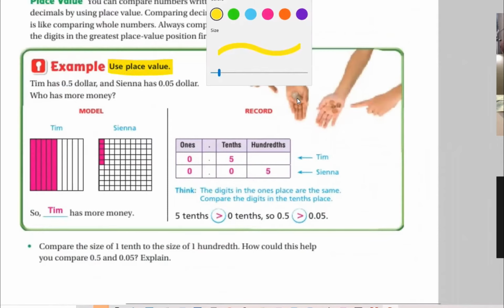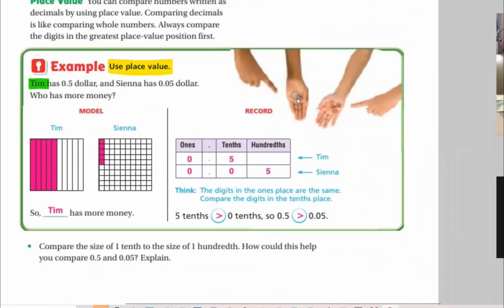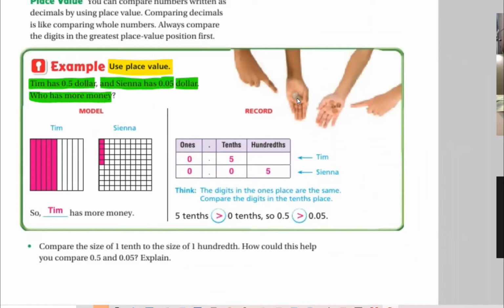Let's see our example here. Kim has $0.5 and Sienna has $0.05. Who has more money? So we are comparing 0.5 and 0.05.